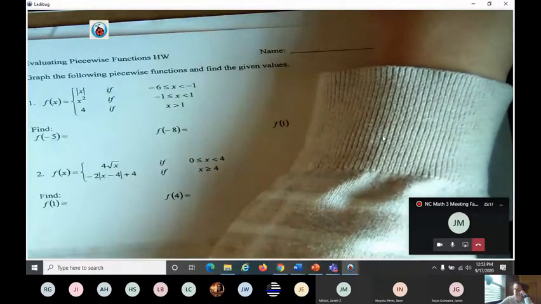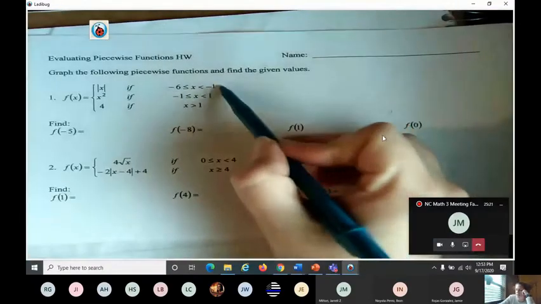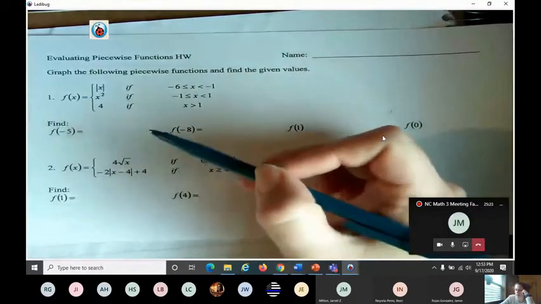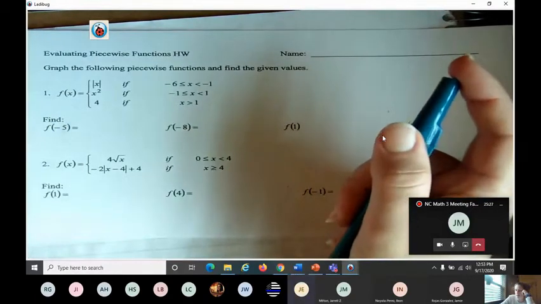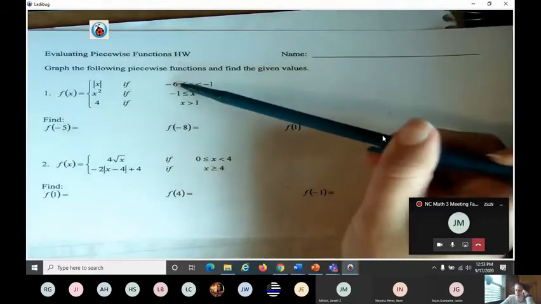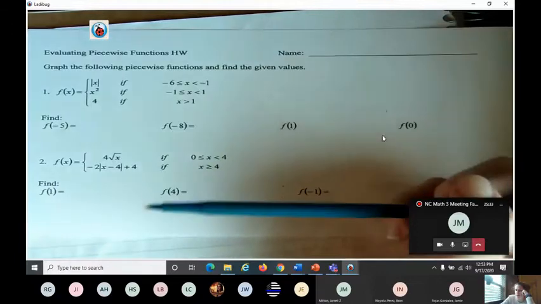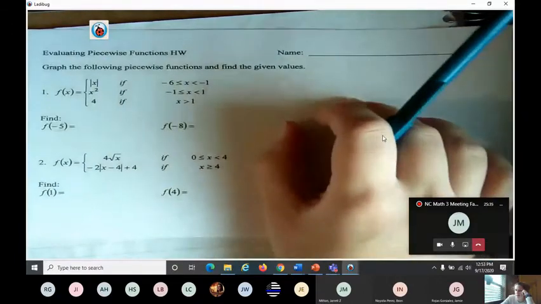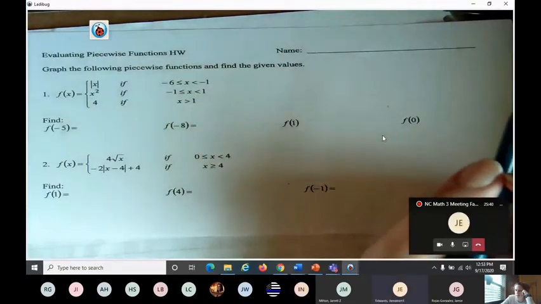Yes. So Jamarian, which of these 3 pieces does -5 belong in? Is it between -6 and -1, -1 and +1, or bigger than 1? -6 and -1.